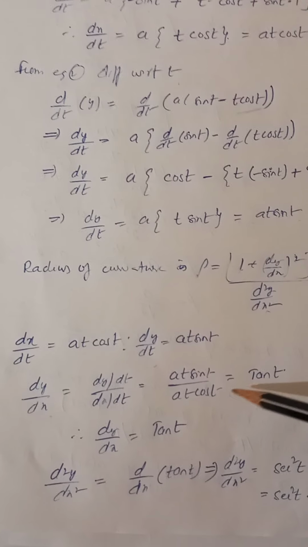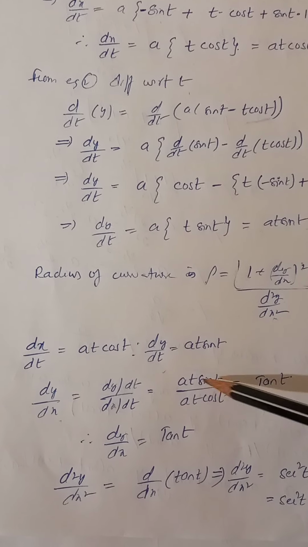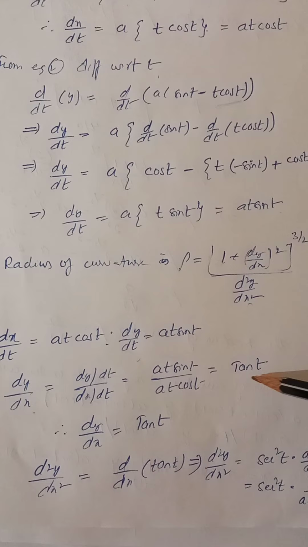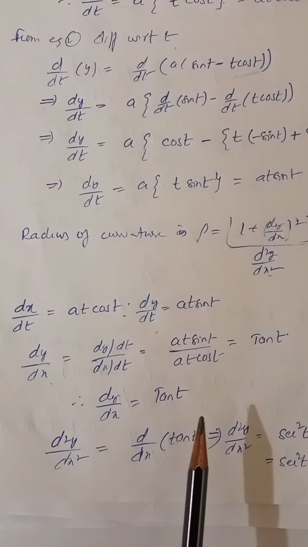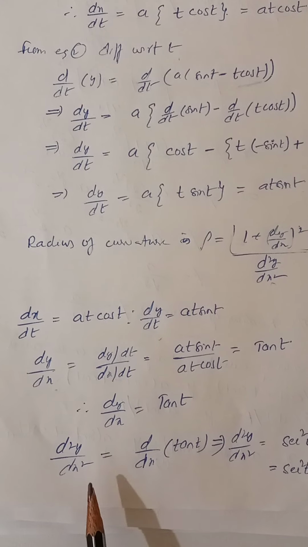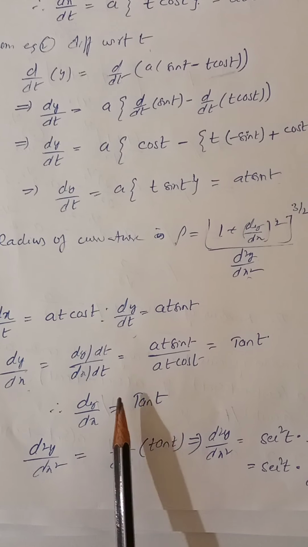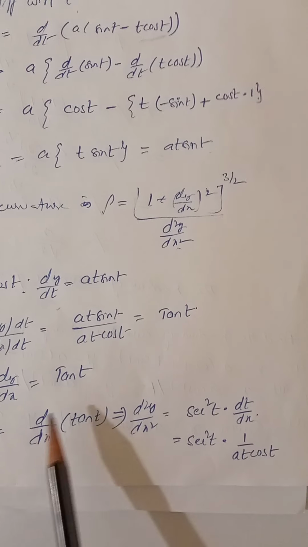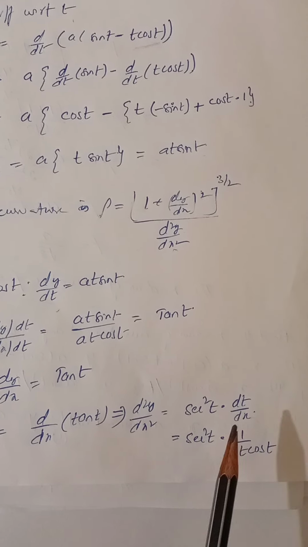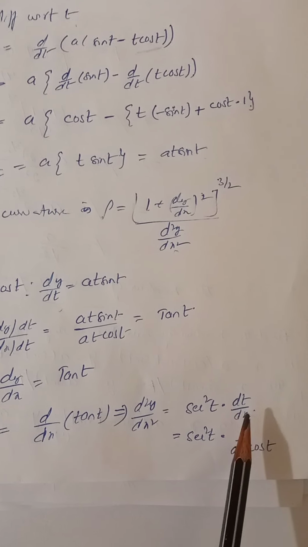If you simplify this one, a gets cancelled, t gets cancelled, sin t by cos t is equal to tan t. Therefore dy by dx is equal to tan t. d square y by dx square is equal to d by dx of tan t, that is differentiation of tan t is secant square t into dt by dx.